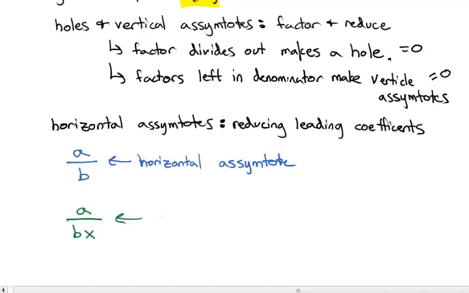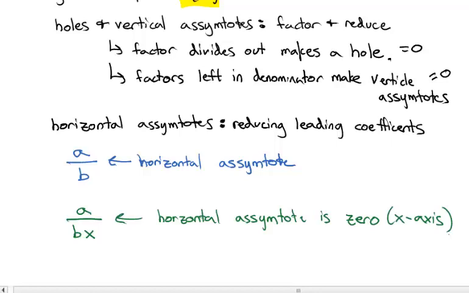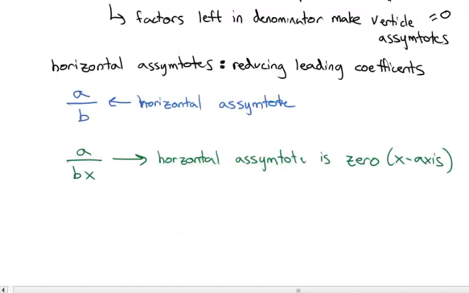Because it's so small, we say the horizontal asymptote is 0, or the x-axis. The horizontal asymptote is actually the x-axis when we reduce the leading coefficients.